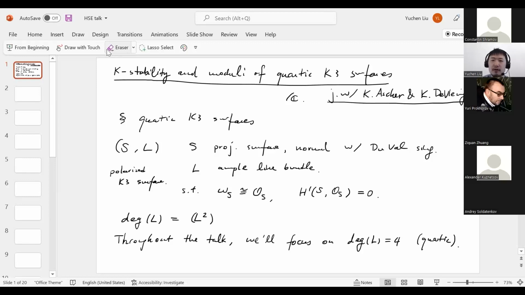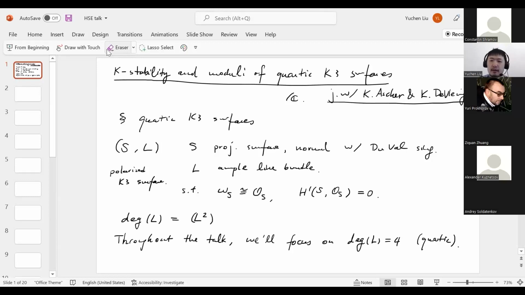But so far, as far as I can see, in order to do K-stability, you always need some Fano threefold containing the K3. So pretty much you can only do up to a certain degree. So this is also one thing I will be interested to extend to higher degrees. But in this talk, we will just focus on quartic.